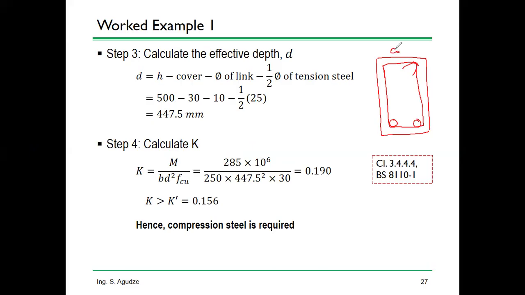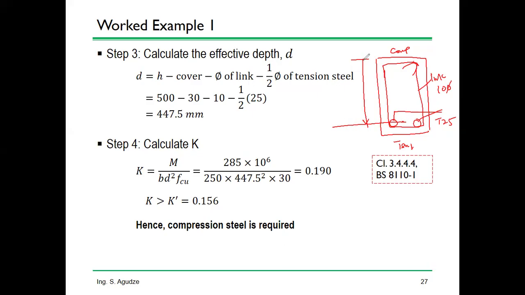Okay, this is the compression, and this is the tension zone. So this is the link, and we say we are using 10 diameter, isn't it? And then this and that are the main bars, and we are saying we are using T25. Okay, so the effective depth is from the top of the compression to the centroid of these bars, to the centroid.